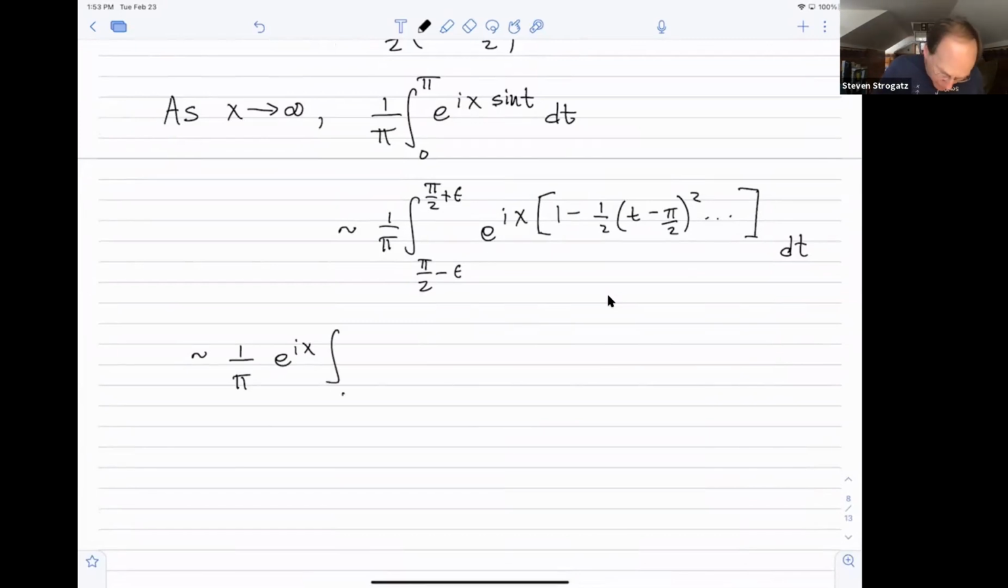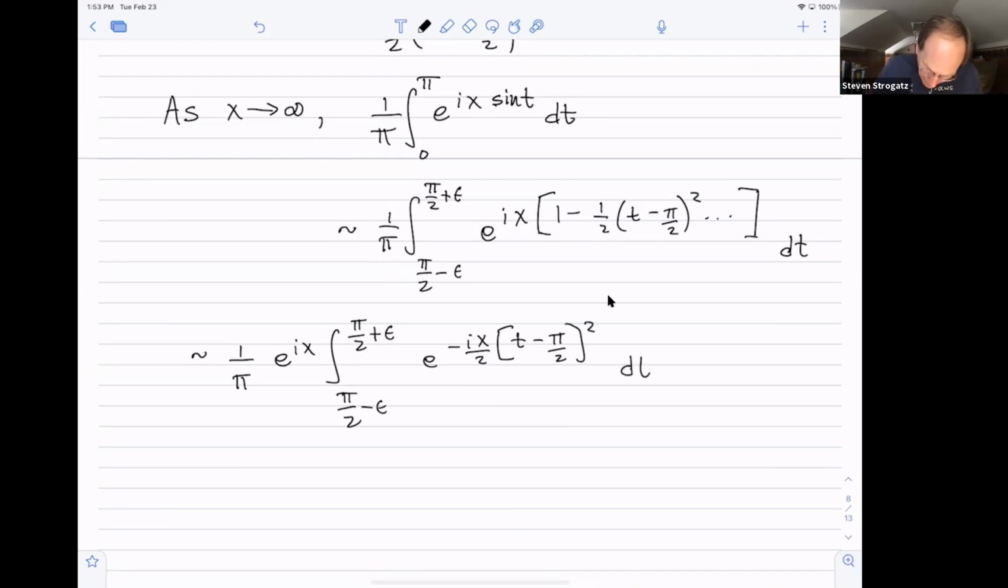Then I'm going from pi over 2 minus epsilon to pi over 2 plus epsilon, e to the minus ix over 2, and then (t minus pi over 2) all squared, dt. And so we have to contend with this integral that's sitting here.